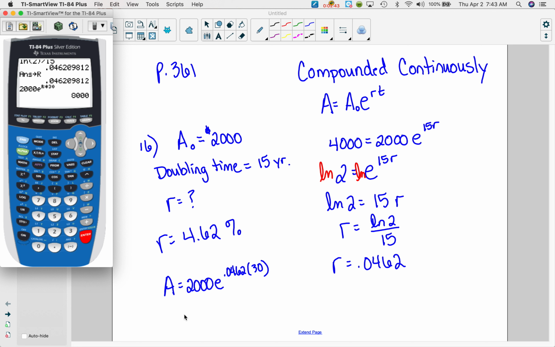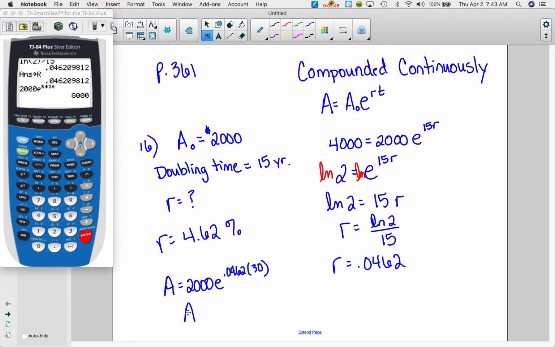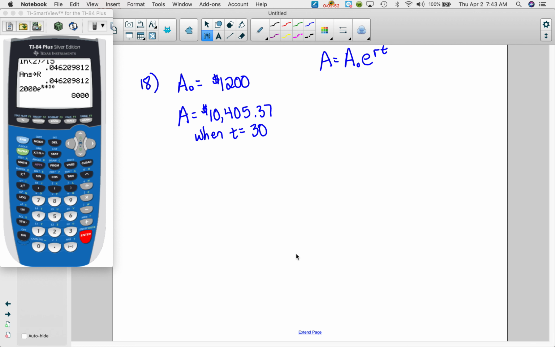Wow, that's a really nice amount. So that takes care of 16, which gives you one example.